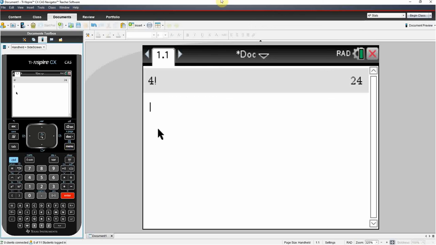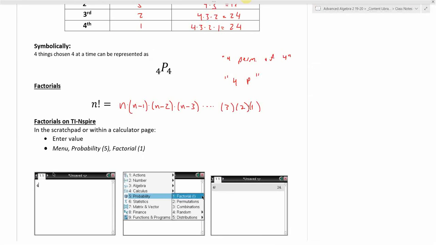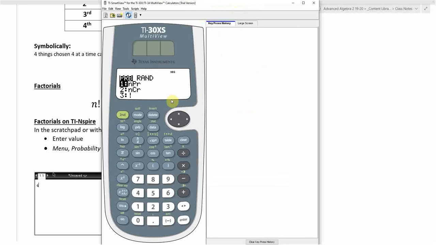If you have a scientific calculator, maybe one that looks something like this one, there's typically a button that says PRB, probability. You might have a button that says nCr and nPr. So we'll see different possibilities for your calculator, but if you have this PRB button, it's right there under the choice 3.